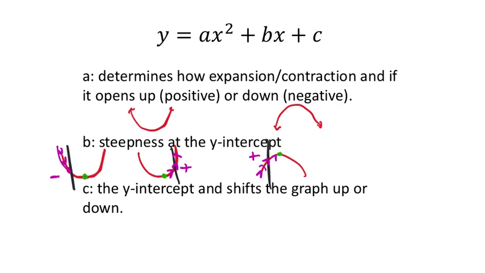And if we have a similar frowny face parabola, with anything to the right of the vertex, now I can see it's going down, down, down, which would make that negative.